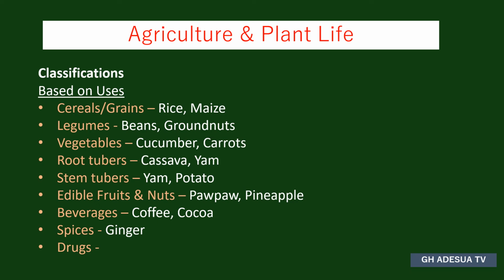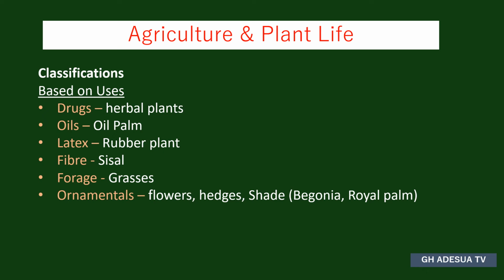Then we have some for drugs. Drugs include all the plants that are used for herbal medicine. They are all for drugs. Then oils, we have oil palm being part of it. You can have sunflower because you produce sunflower oil. You can have soya because you have soya bean oil. So all these are oils.